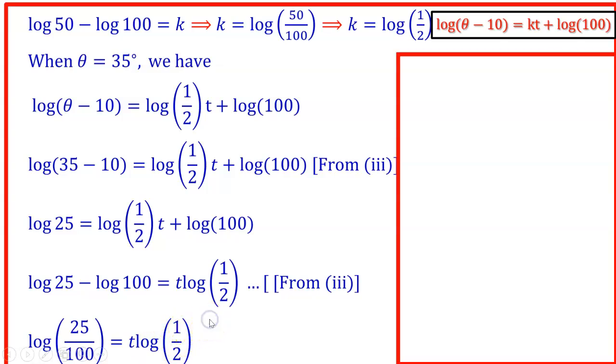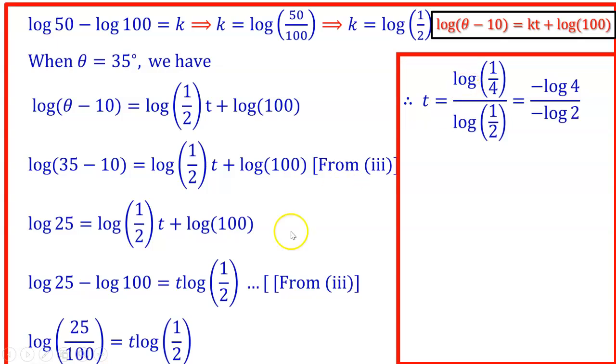Here the simplification: t = log(25/100) / log(1/2), that is log(1/4) upon log(1/2). We are finding the value of t. Log(1/4) is nothing but −log 4, with the help of the properties of the log, and log(1/2) is nothing but −log 2. Minus minus will become plus.